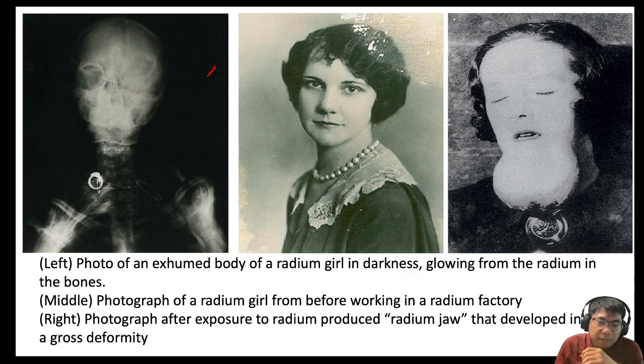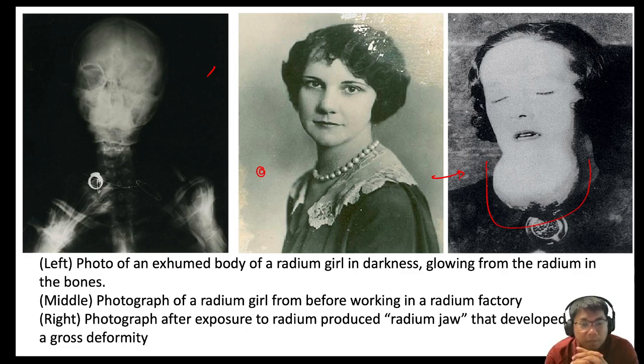This middle picture right here is a picture of one of the factory workers before working in a radium factory, and this is what happened to her after the exposure to radium. It produces something we call radium jaw, which developed into a gross deformity of the face of some of these girls.